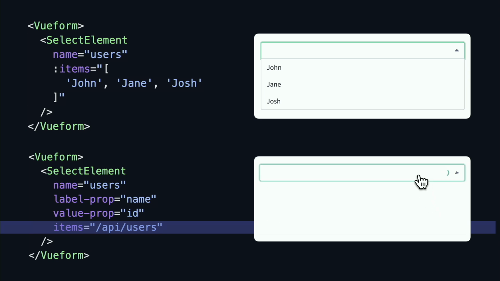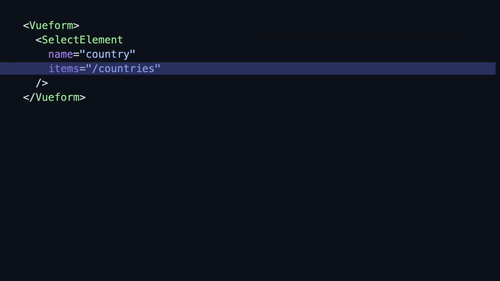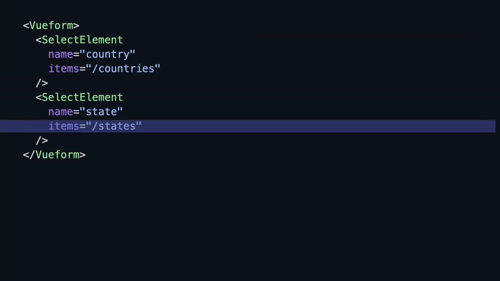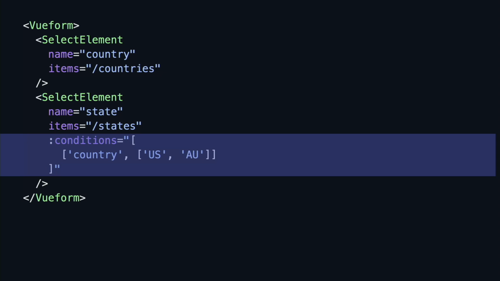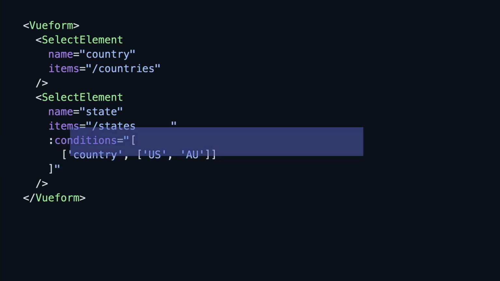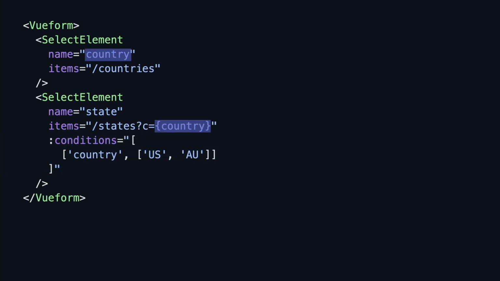But we can take this one step further. Let's say that we have a country selector, and we know that usually it comes with a state selector. But we know that states are not for all the countries, but just to keep things simple, let's say that they're only for US and Australia. So we add conditions to it. And the next thing we have to do is add the dynamic query param to the states endpoint, because we have to know which states we should load, right?